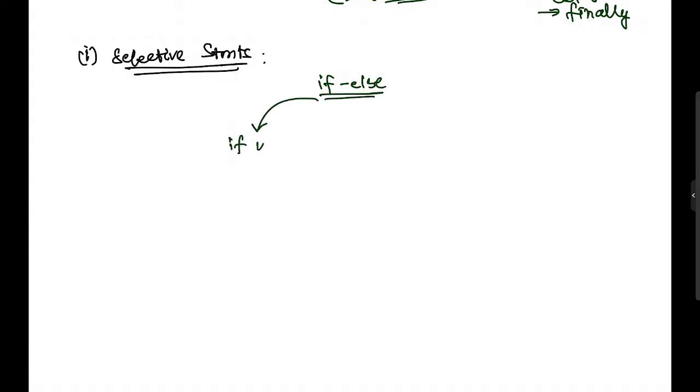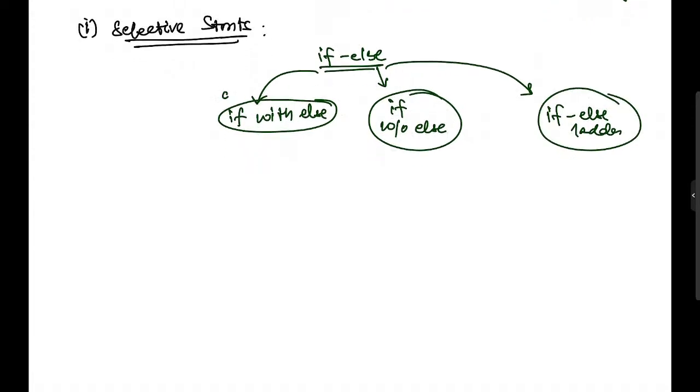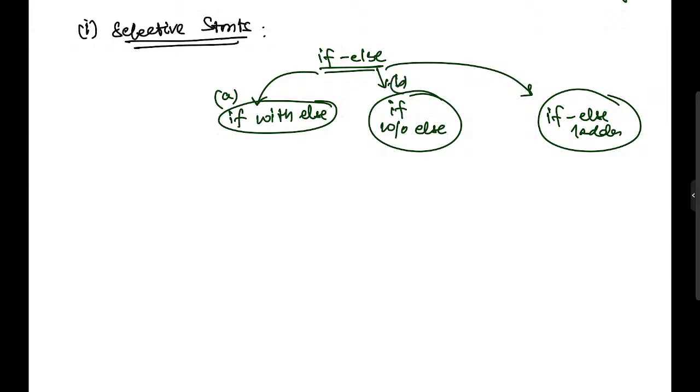If with else, this is one type. Then we can have if without else, this is one type. And then we can have if else ladder. So these are the 3 types that we generally have, like A, B, and C.